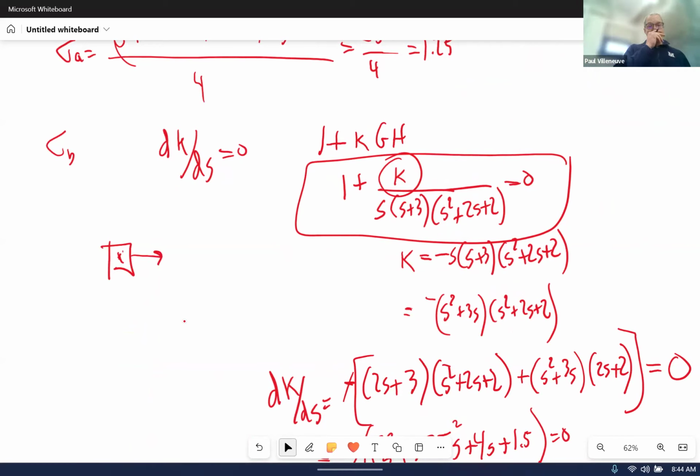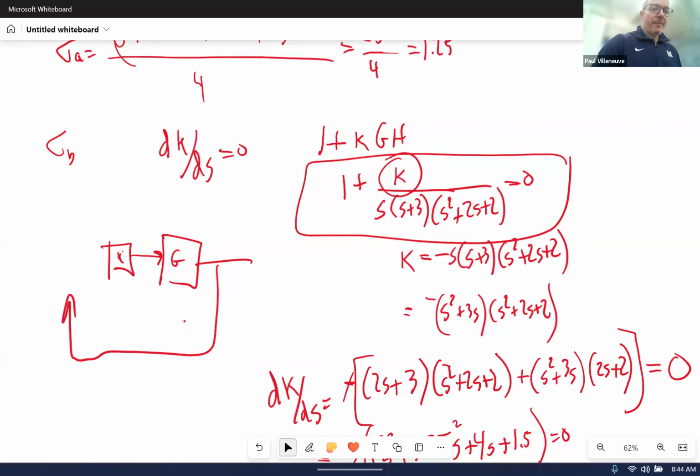The characteristic equation is the closed loop, and the 1 plus KGH gives me the closed loop transfer function. So this is G, and I'll just put a unity feedback here. So I'm getting the denominator of the closed loop transfer function. That's what the characteristic equation is.